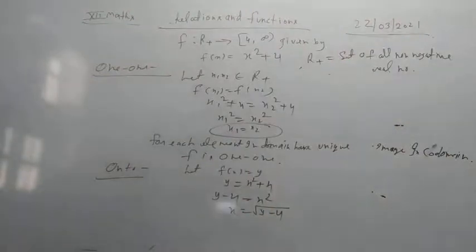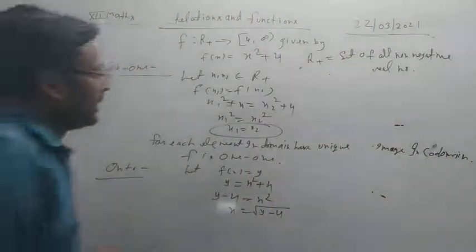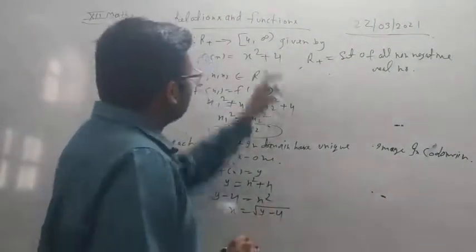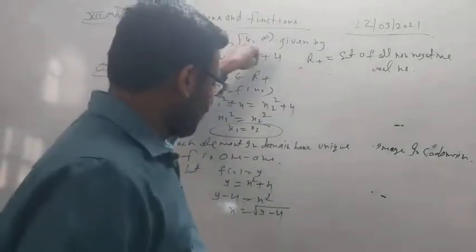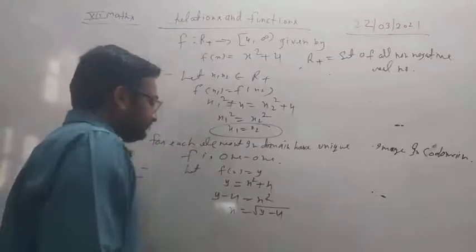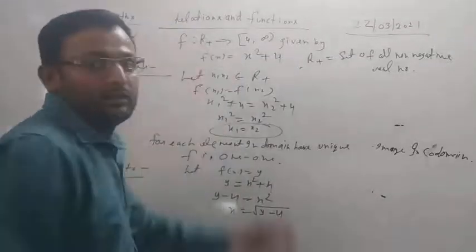Okay, students. Now check. If we take any value greater than 4 to infinity, we always get an element belonging to the domain.